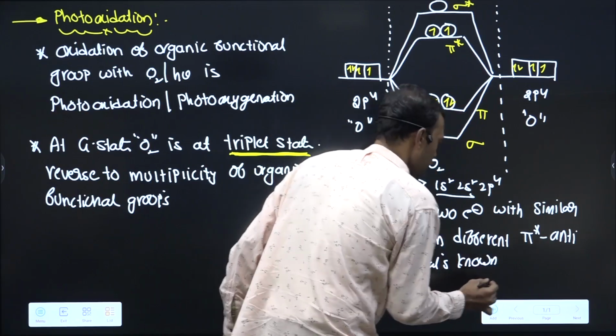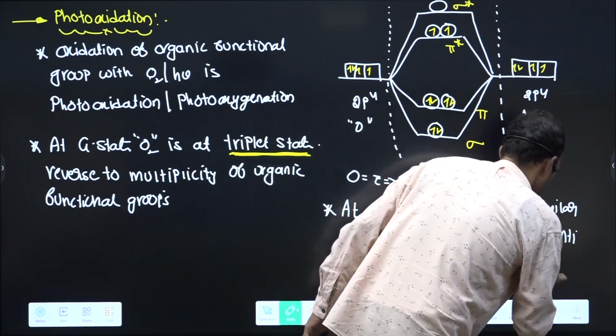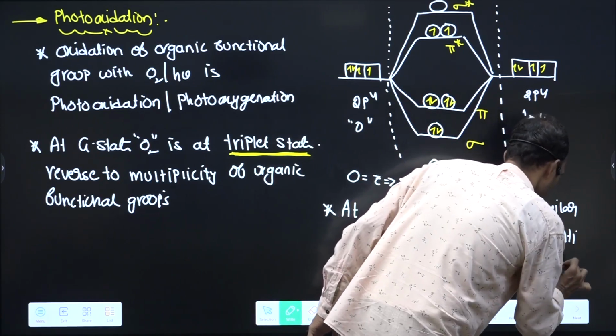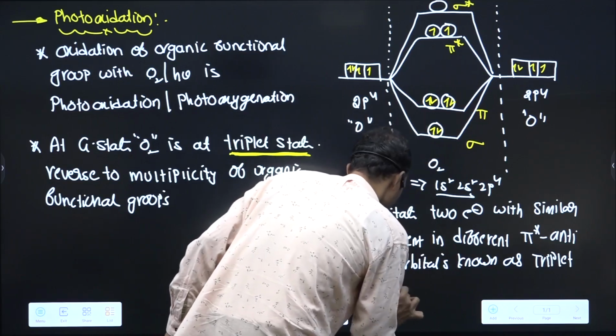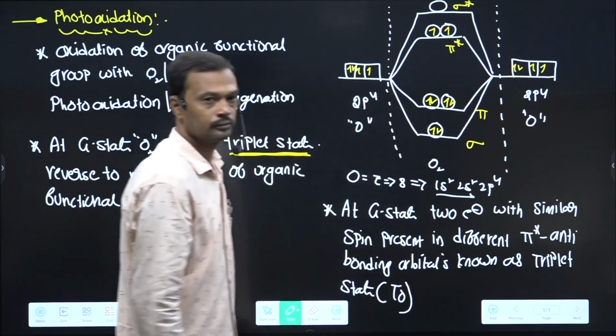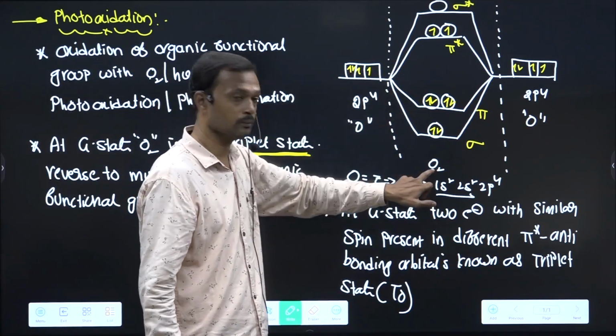So now that is known as triplet state. So here it is a ground state triplet where you can write T0. This is the ground state electronic configuration of oxygen molecule.